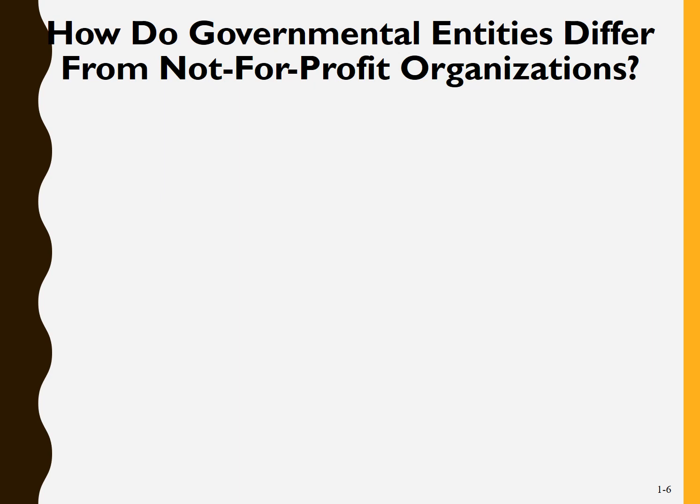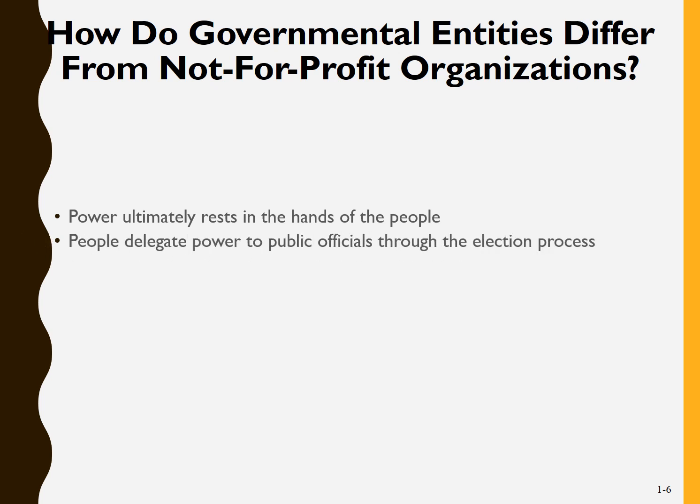The difference between governmental entities and not-for-profit organizations is that for governmental organizations the power ultimately rests in the hands of the people, the taxpayers, the voters. The people delegate their power through public officials by voting for them in the election process, and they are empowered by, and often held accountable to, a higher level of government.